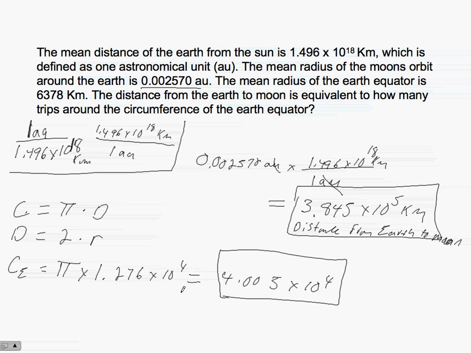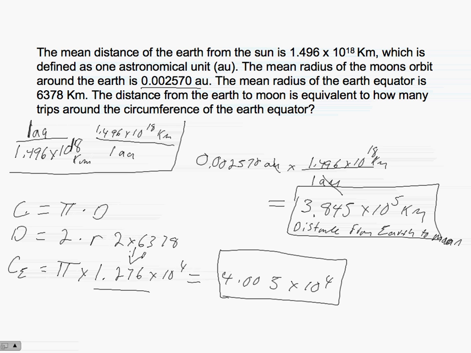Now, a question you might be asked, well, where did this 1.276 times 10 to the 4 come from? This number came from our diameter, which is equal to 2 times, in this instance we have 6,378.